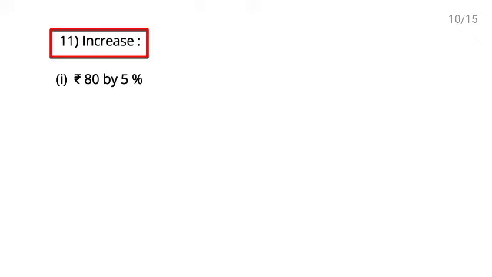नेक्स्ट क्वेश्चन नंबर 11 इज इंक्रीज करना है ₹80 बाय 5%. तो पहले हम देख लेते हैं 5% ऑफ 80 होता क्या है.